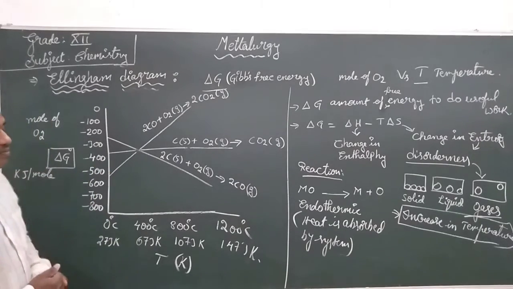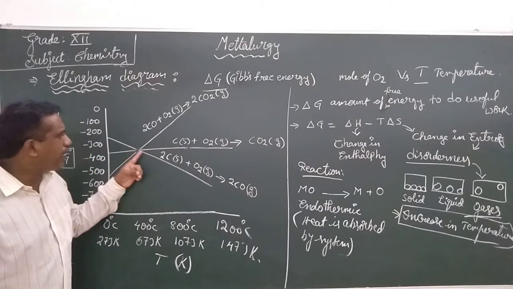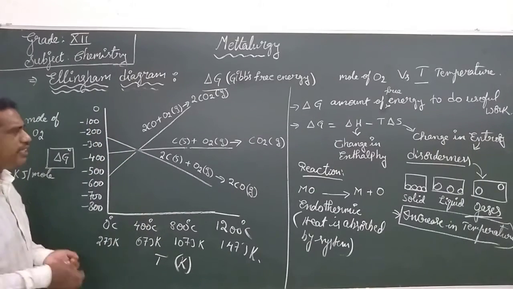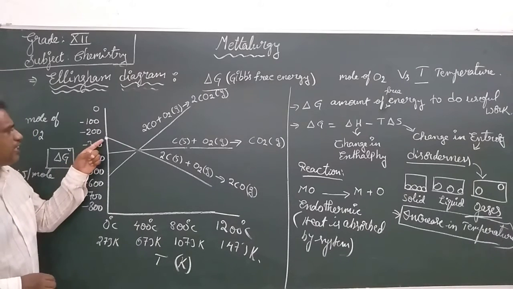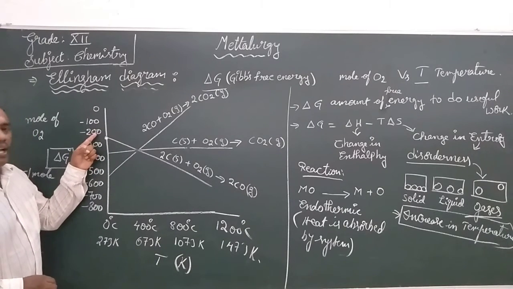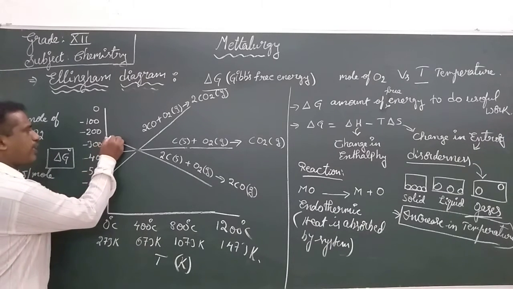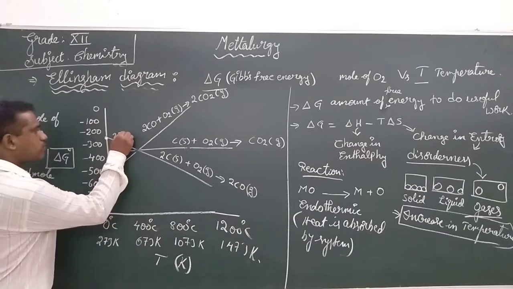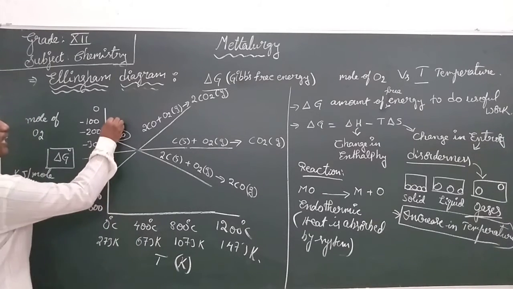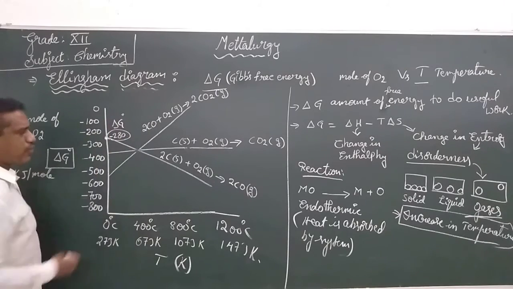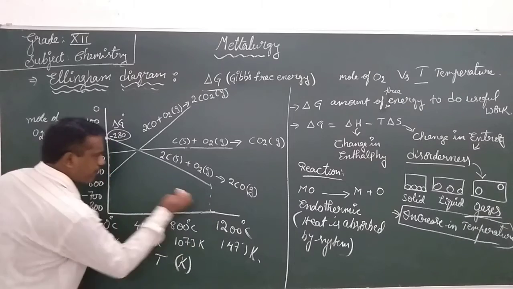Before we go on, please note this point, whenever the line is going down. In the initial stage, the line is at around minus 280 approximately, delta G, that is Gibbs free energy. At the ending of the line, compare its point.